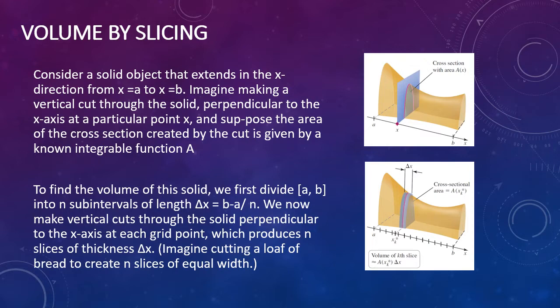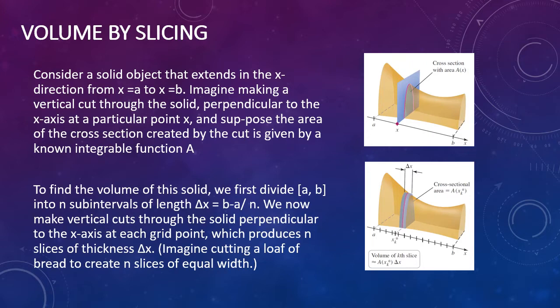To find the volume of this solid, we first divide the interval [a, b] into n subintervals, just like we did for two dimensions, of length delta x, which is (b minus a) over n. We now make vertical cuts through the solid perpendicular to the x-axis at each point, which produces n slices of thickness delta x. Imagine cutting a loaf of bread to create n slices of equal width. Before, we were just counting the area of each rectangle.